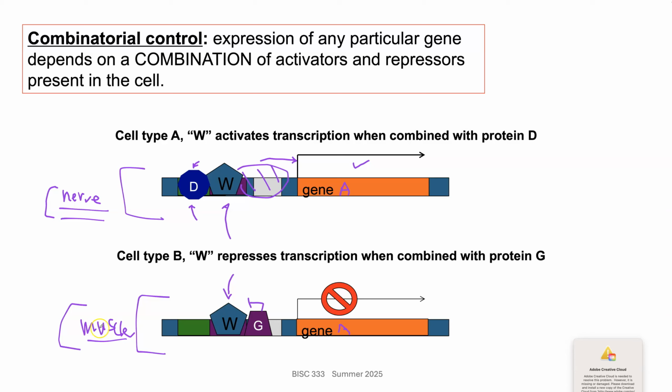So the muscles have also a certain set of activators that turns on genes specific for muscles, and a certain set of repressors that keeps the other ones off. The body is very efficient. There's no value to expressing proteins that are not needed in a particular cell type. It takes a lot of energy to transcribe and translate genes, and so therefore you don't want to be expressing anything that you don't need.